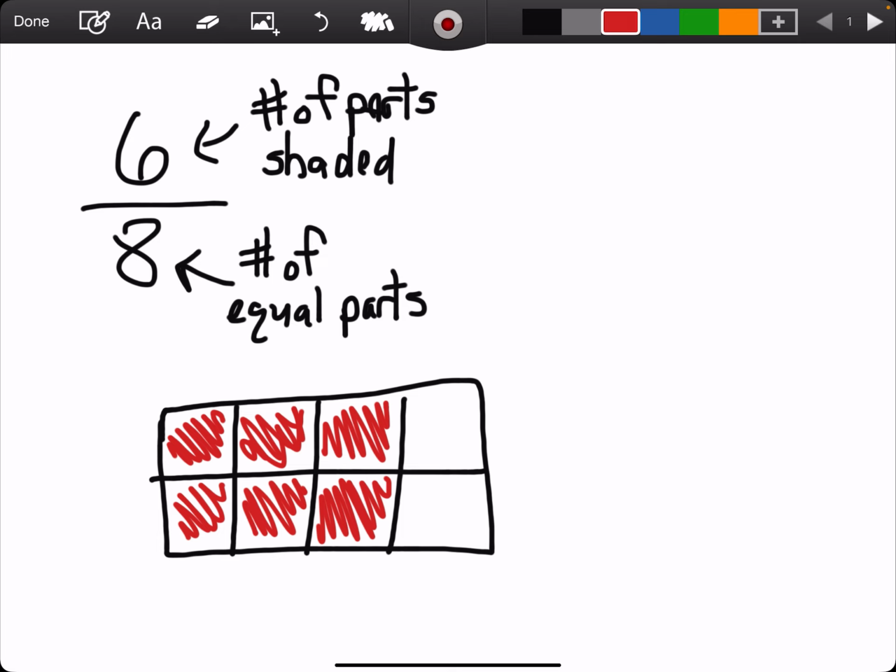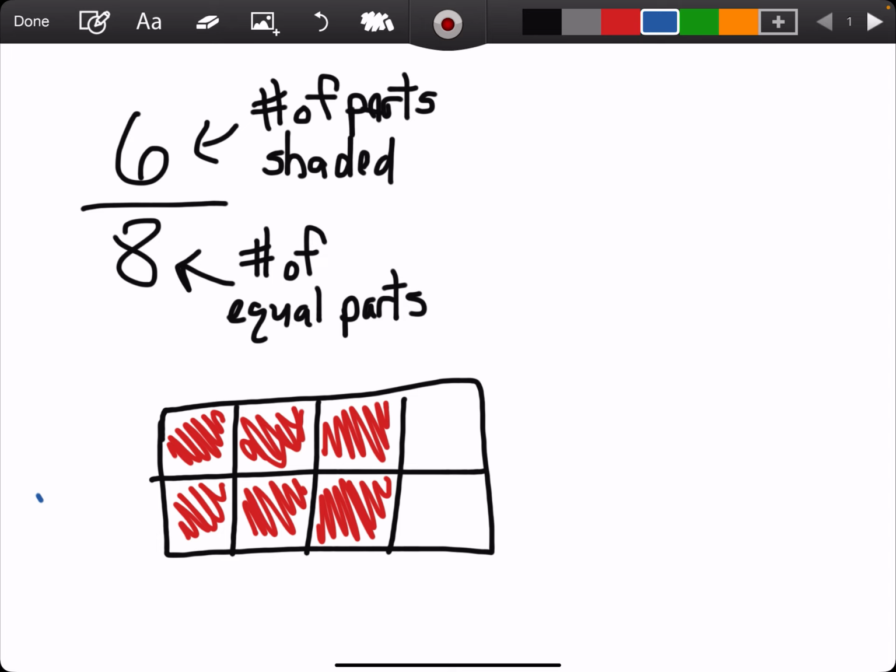So now, how can I write an equivalent fraction using division? I'm going to take a different color, blue, and make it a little bit thicker. Instead of having 8 parts, how can I group some of these parts together?